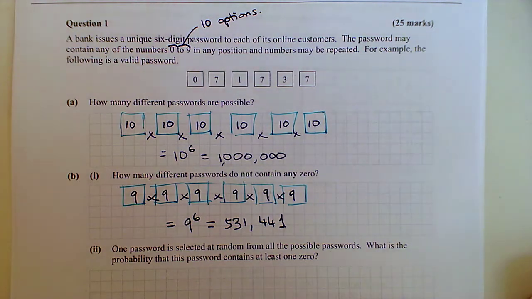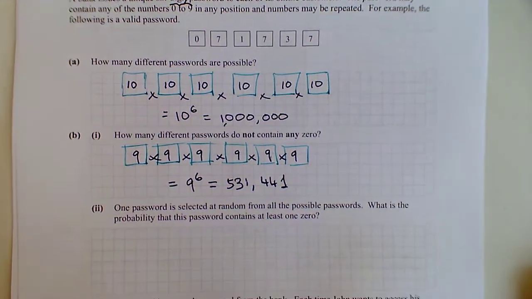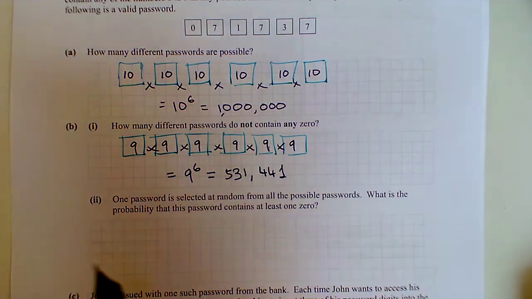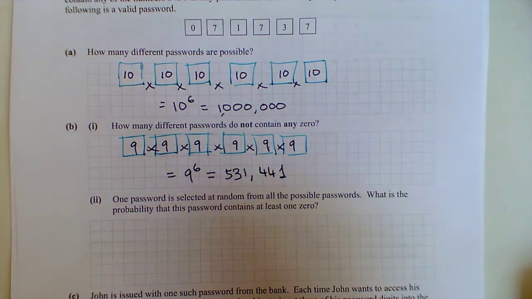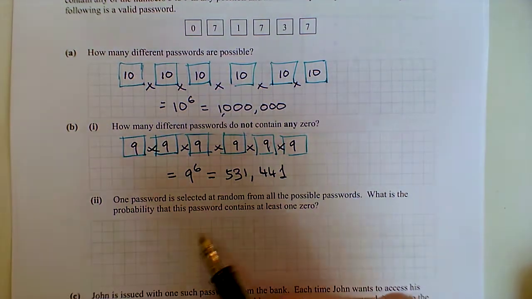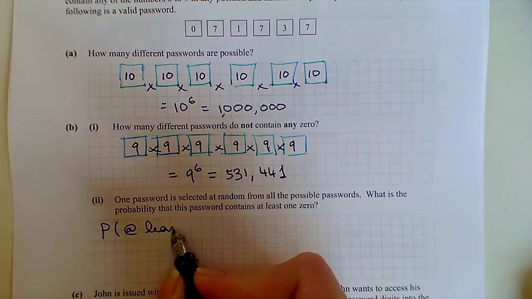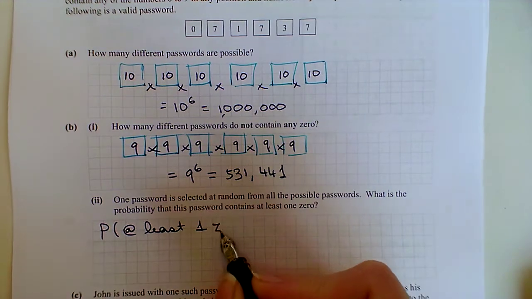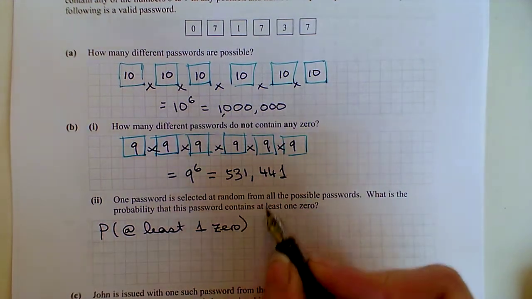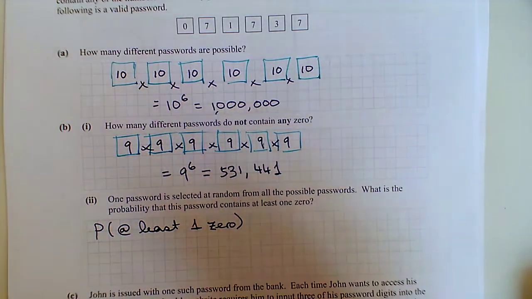One password is selected at random from all the possible passwords. What is the probability that it contains at least 1 0? So something we've got to think about here. The probability of at least 1 0 means it's every other one of these.